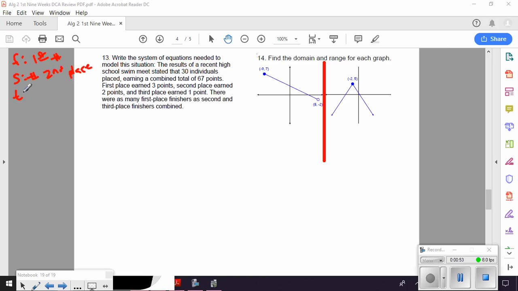And T will be the number of third place. So it said that there was 30 individuals. So that means the first equation should be first place plus second place plus third place equals 30.